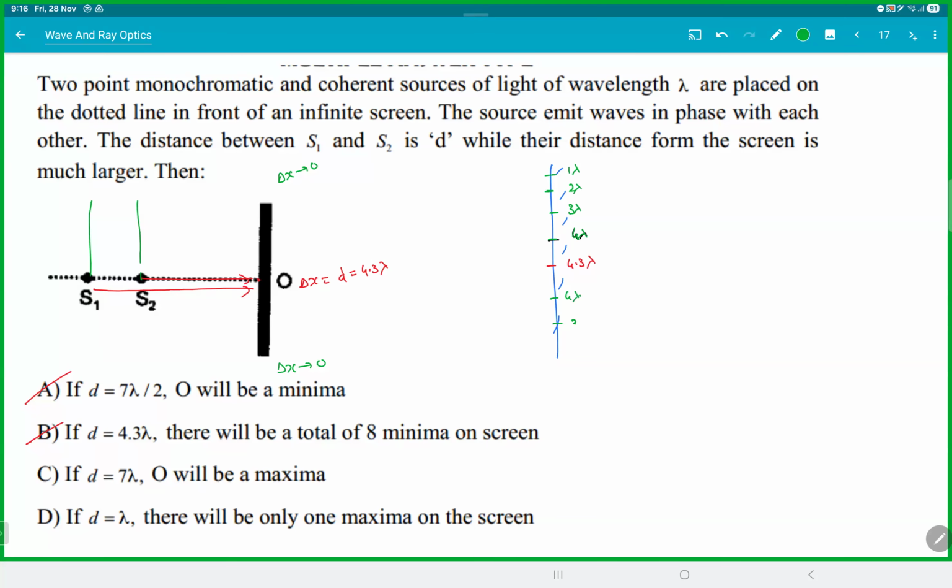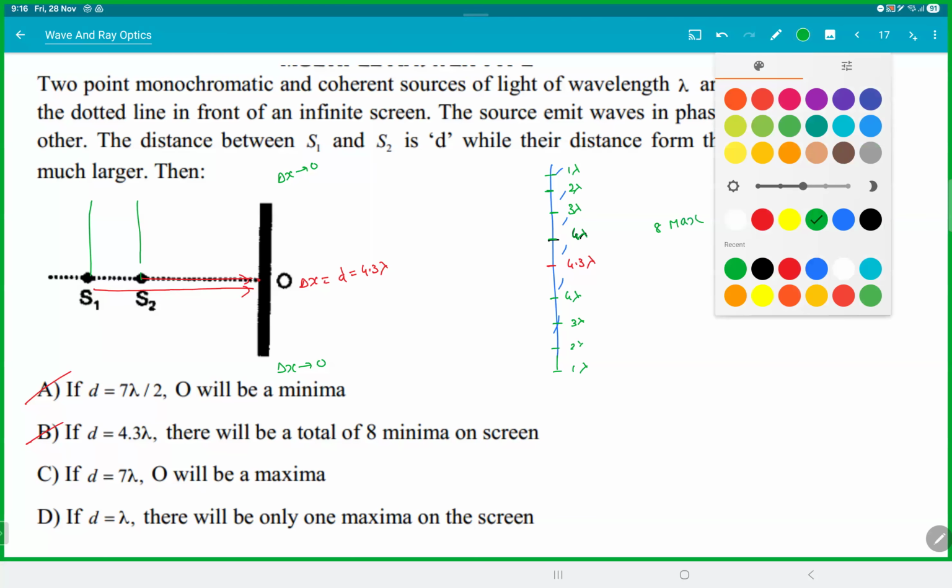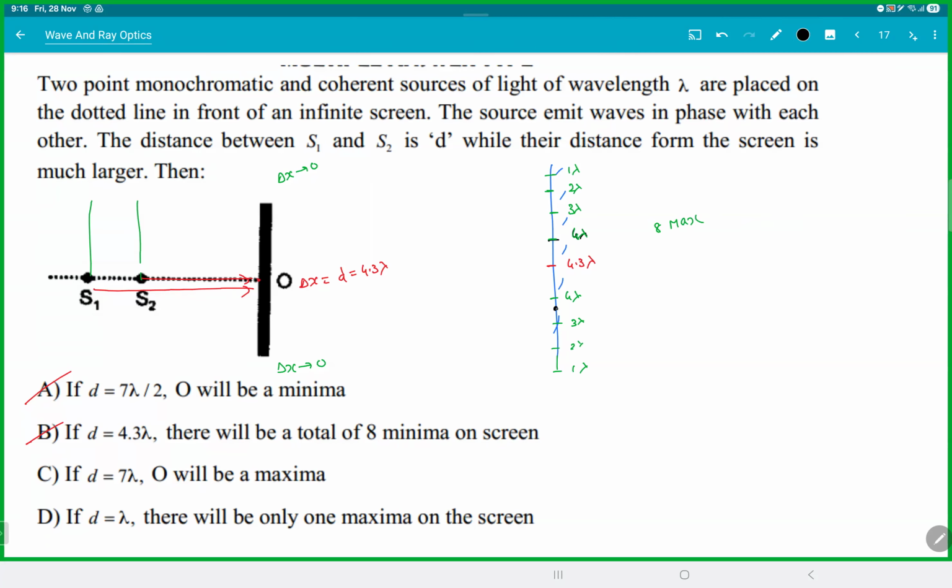Similarly, 4 lambda, 3 lambda, 2 lambda, and 1 lambda. There are 8 maximas. You want minimas, they will be in the middle: 3.5, 2.5, 1.5, and 0.5. Same thing here, 8 minima. Clear how to count this?